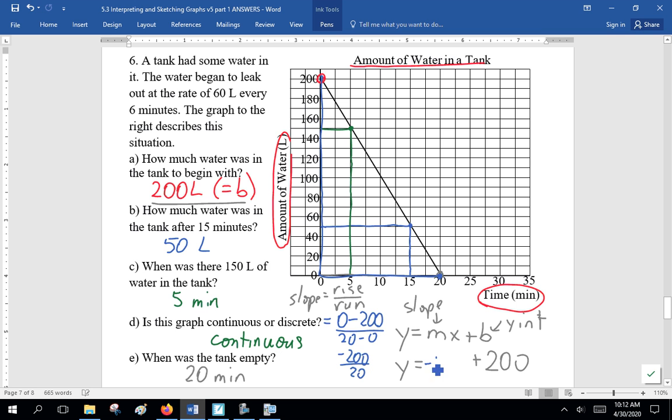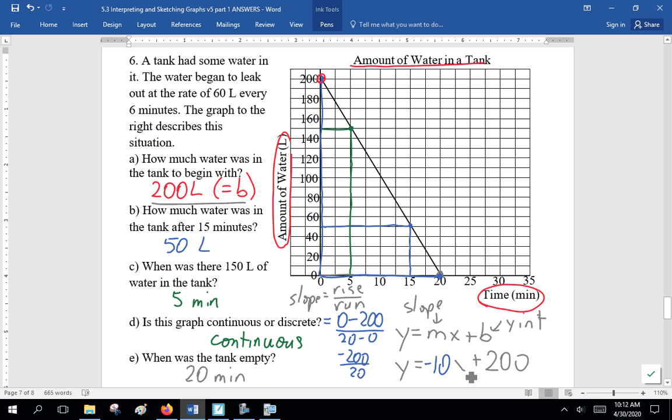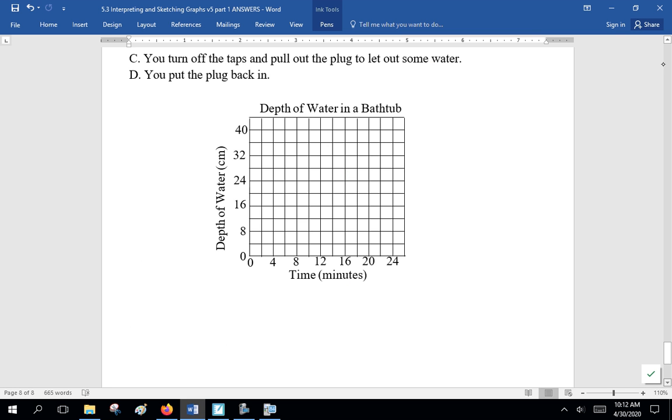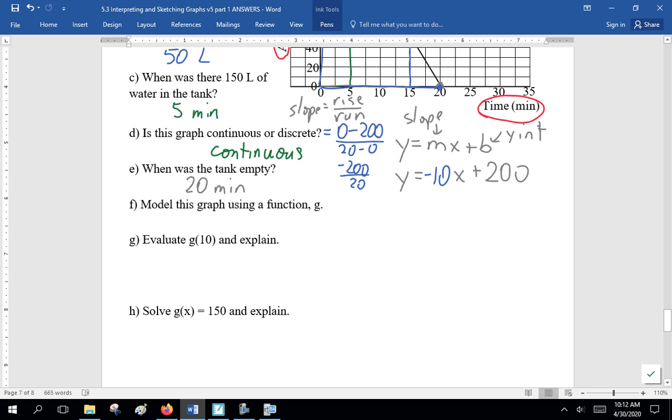So my slope is minus 10x. Okay. So instead of writing y equals, function notation, g of x is minus 10x plus 200. Remember, that makes it much easier.